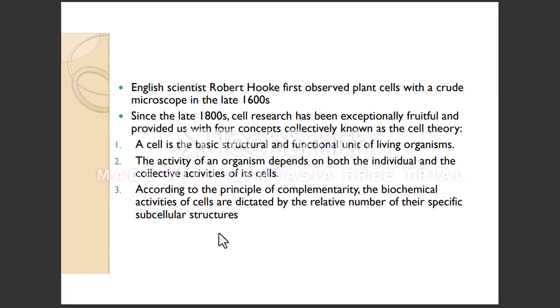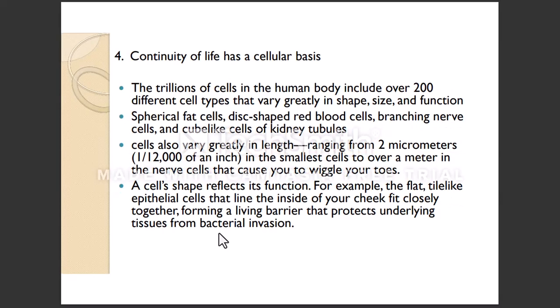The cell is a building block of an organism, and the activity of an organism actually depends on both the individual and the collective activities of its cells. The human body has trillions of cells, with about 200 different cell types, which differ in their shape, size, and function.